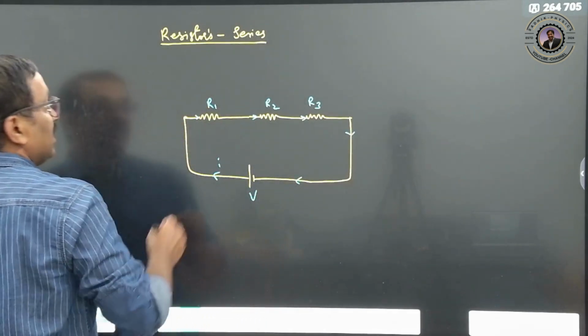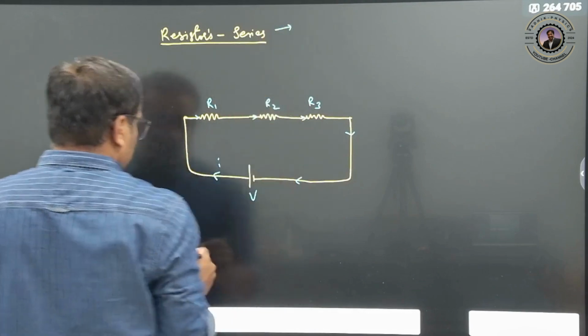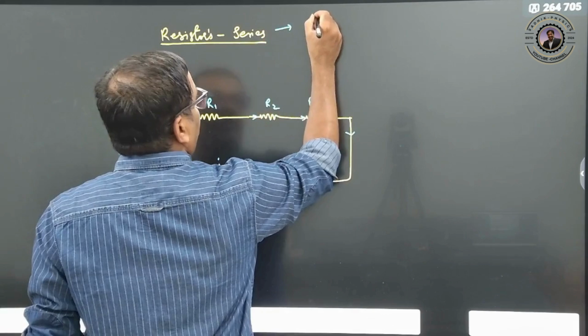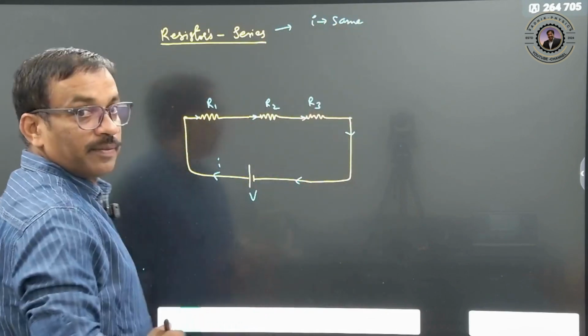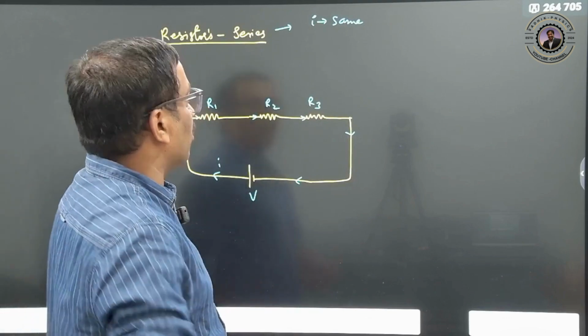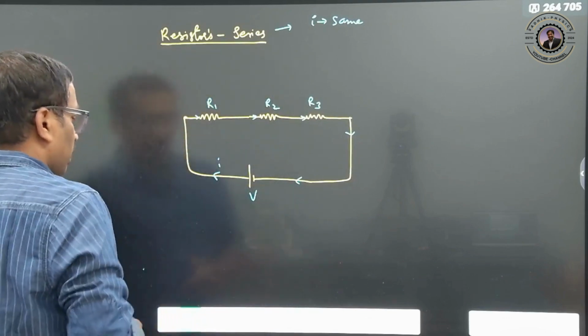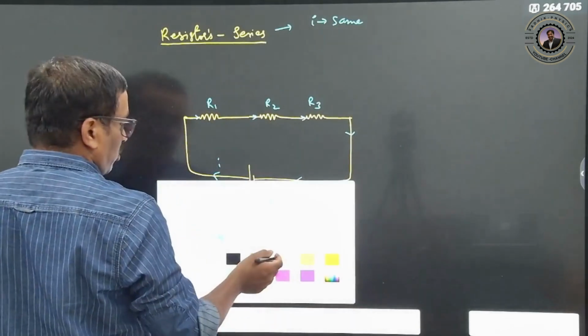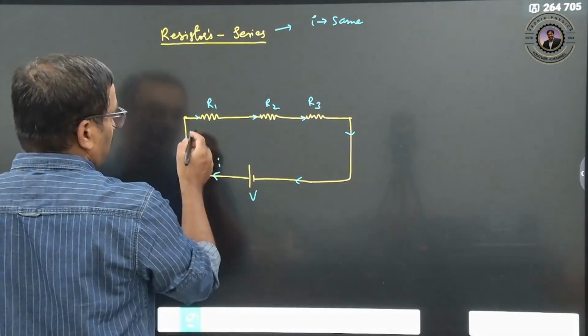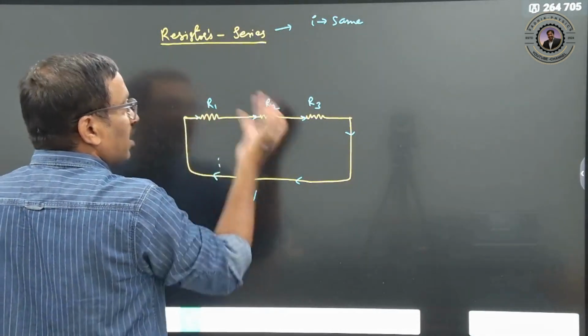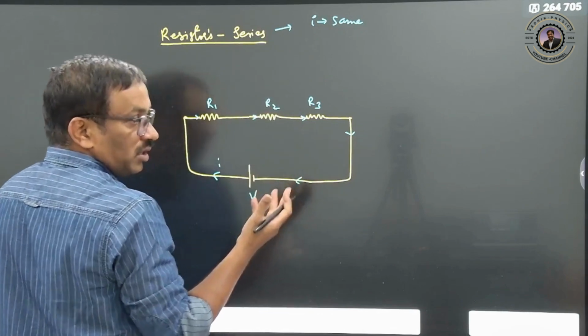That means in series combination, the current will be the same across all the resistors. So what is going to be divided here? The current flows, and to cross each resistor a certain amount of energy is lost.